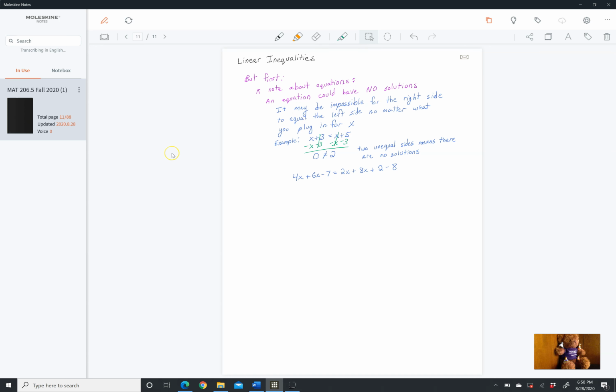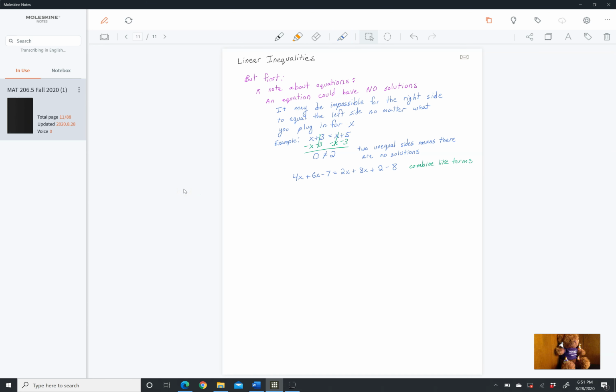So I'm just going to put that as a note in the margin. You don't have to do it this way. Some people just subtract 2x and subtract 8x from both sides. They have all of the x's on one side, and then they combine like terms. I prefer combining like terms first so that you don't accidentally add or subtract something twice to the same side.